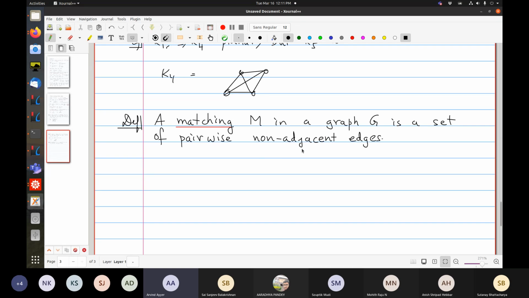What it's saying is you take a collection of edges, and for any 2 edges they should not have a vertex in common, and any such collection is called a matching. The word tells you what it is. It matches one subset of vertices with the other.